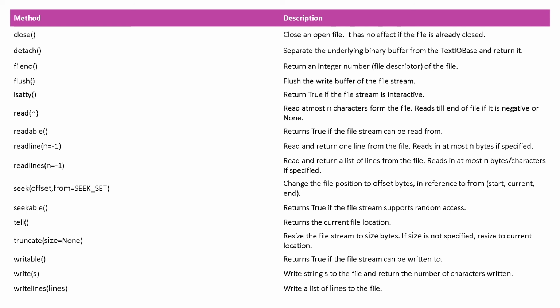Some of these are bigger than what we would want to talk about in the span of this course, like the things that have to do with the write buffer of the file stream, the interactive nature of the file stream, the file descriptor, and the binary buffer.